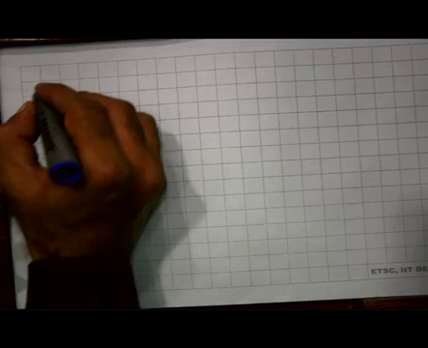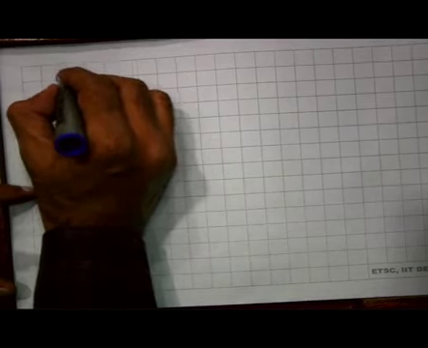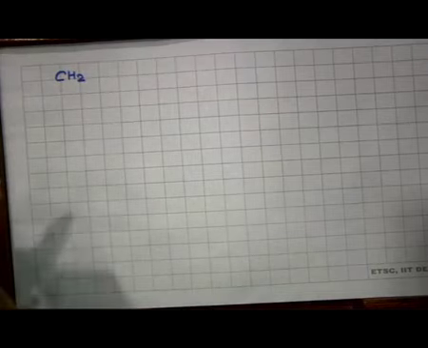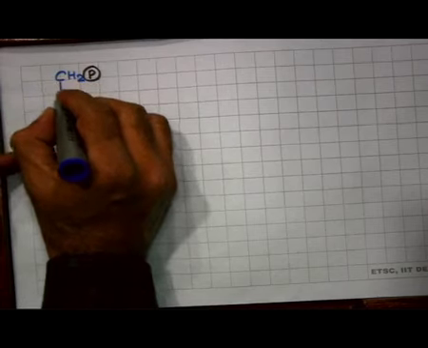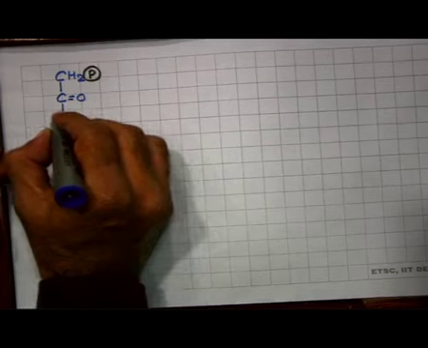So, we can easily write the fructose formula, CH2O. We have already discussed that at carbon 1 phosphorus is there, and next is the same as fructose 6 phosphate.